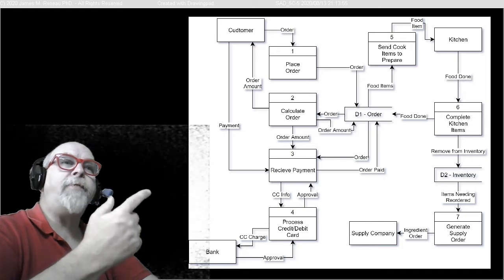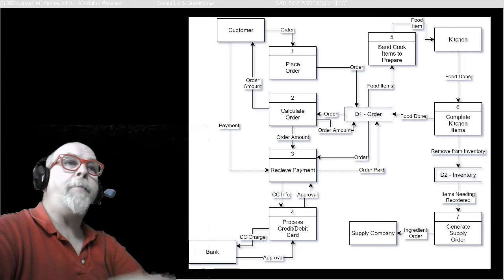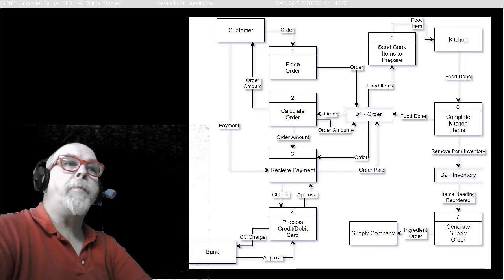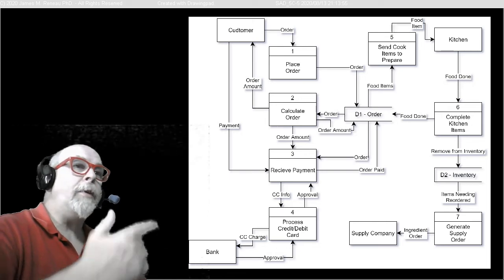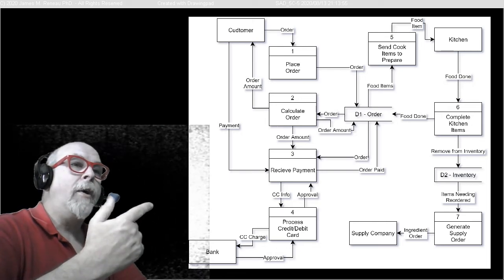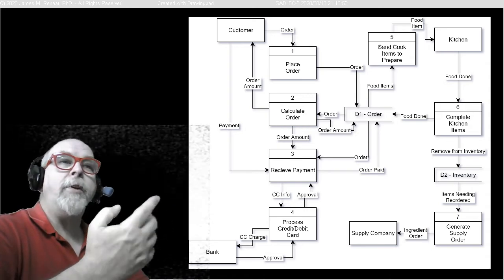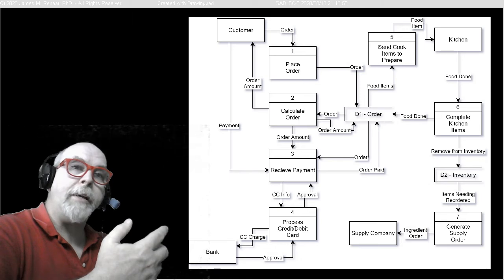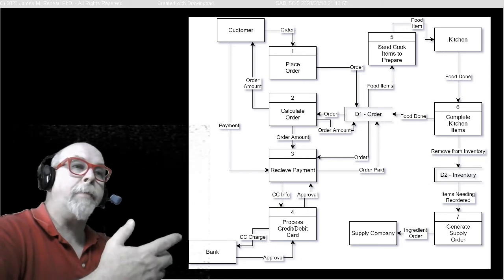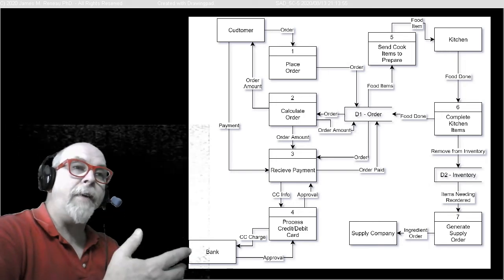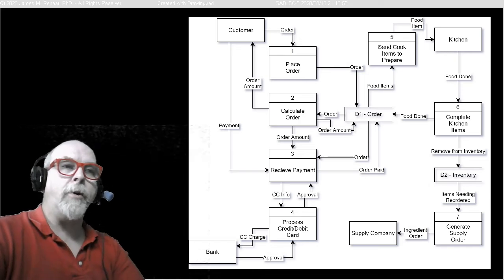Process 5 is where we send the items to the kitchen, and process 6 is where we show the kitchen item is complete. Notice that when we complete a kitchen item, we remove the items from the inventory data store. So I have an order data store and an inventory data store, so that I can keep an inventory, and when I generate the supply order, it can get a list of items from inventory that it needs and then create the order.